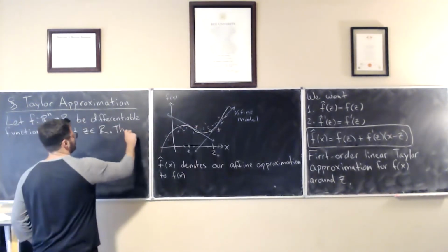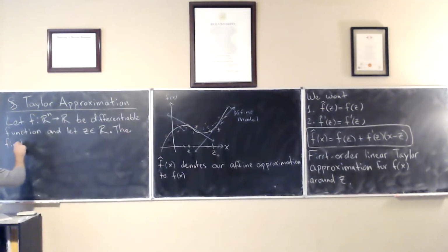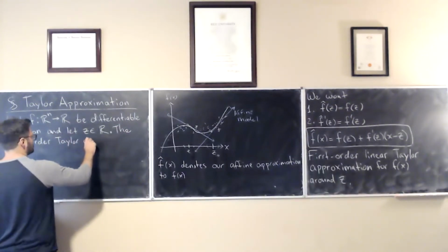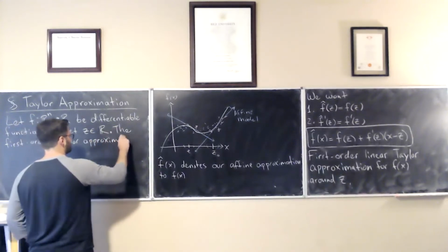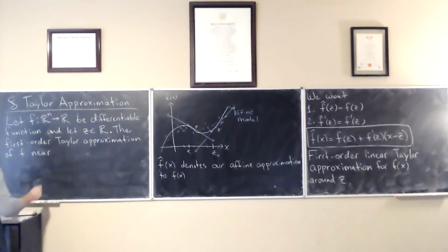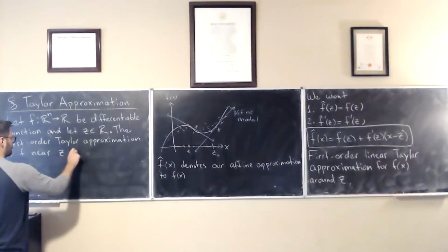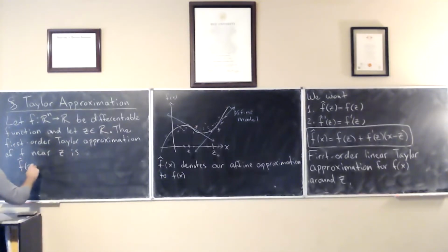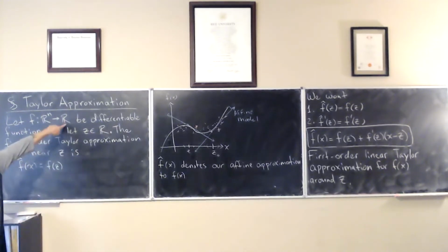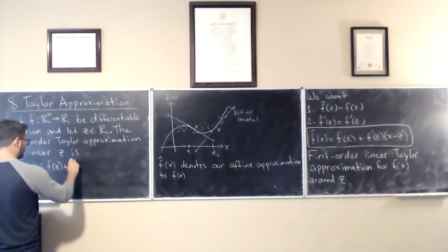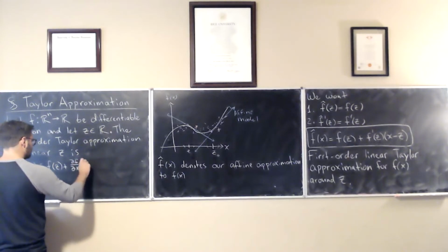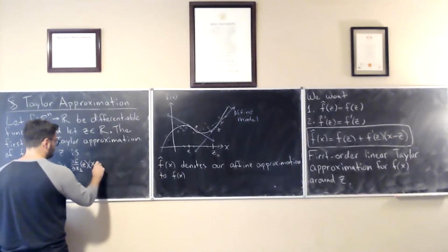Okay, so the first order Taylor approximation of f near z, and again I have to emphasize near that input z, is f hat of x equals f of z, just like before, because this is just some scalar, plus the derivative in the x1 direction at z times x1 minus z1.